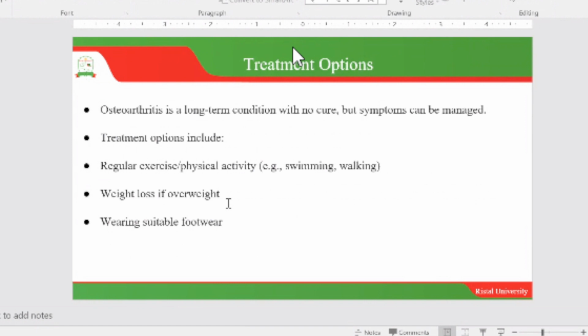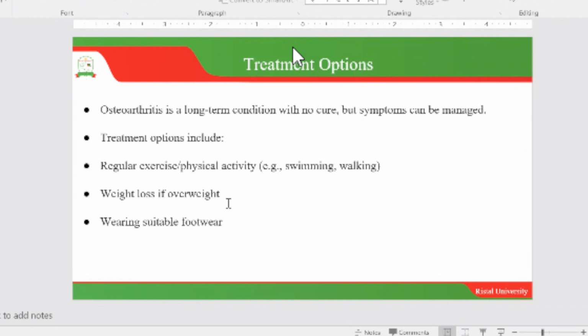So we've said osteoarthritis is a long-term condition with no cure, but symptoms can be managed. Really, things to do with this stiffness can be managed, and really regular exercises such as physical activity, including swimming, walking, and all those other forms of exercise that people could do to try and keep these muscles functioning, and also these bones functioning, so that they do not cramp up. Weight loss, if someone is overweight, if there is a lot of weight being exerted on those joints, trying as much as possible to alleviate these symptoms by losing some weight could be key.